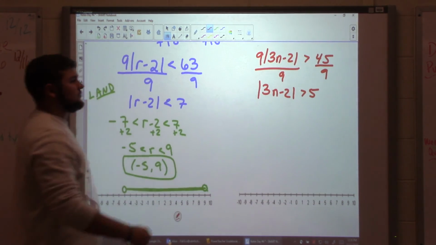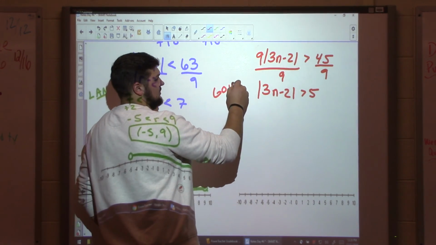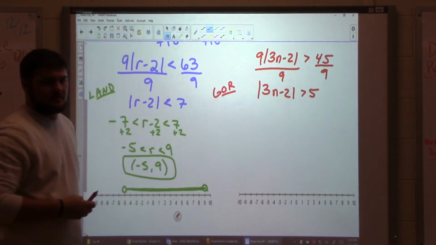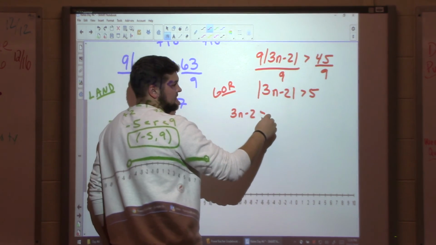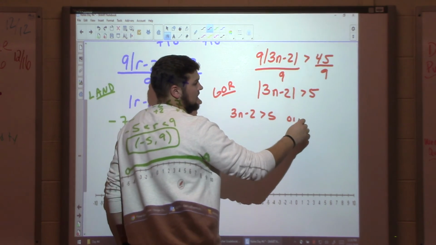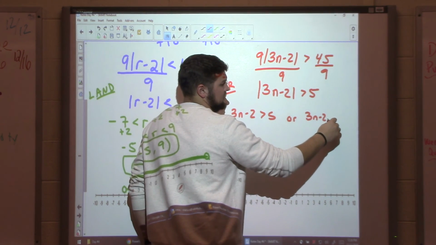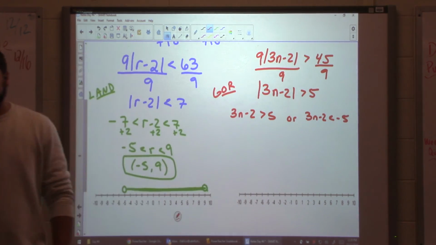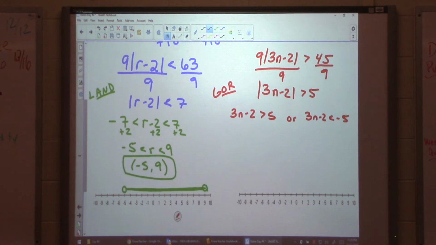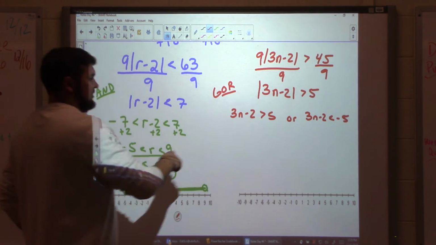Well, it's a greater than, so it turns into an or statement. Or. So, 3n minus 2 greater than 5, I keep that, or 3n minus 2, I flip the sign, and I take the opposite of 5, which would be negative 5. Then I solve them both.